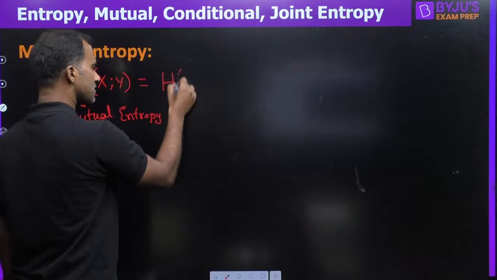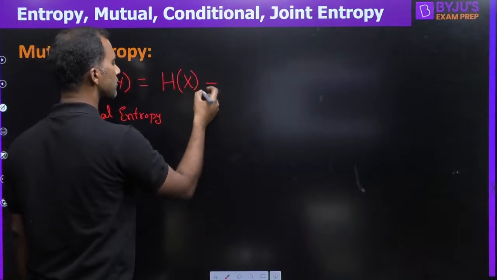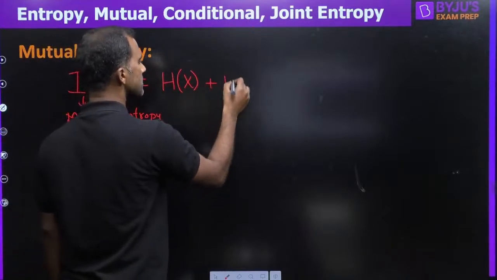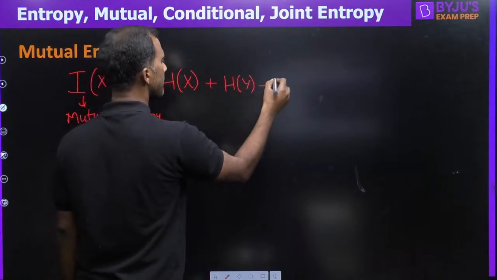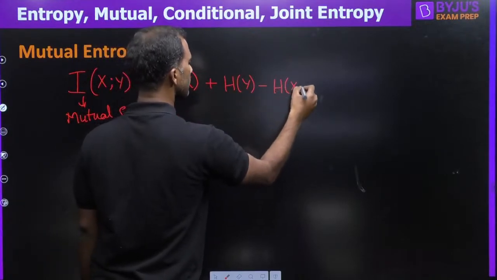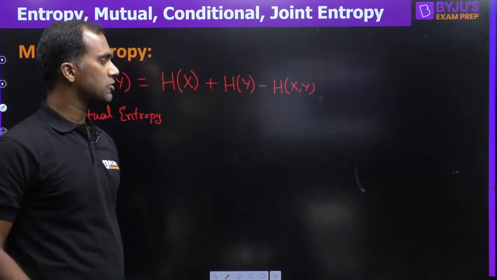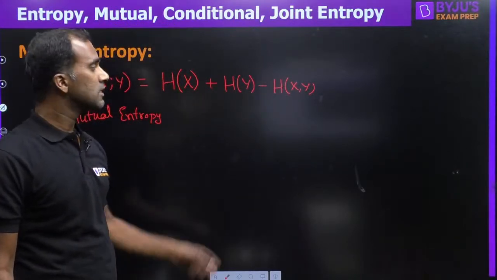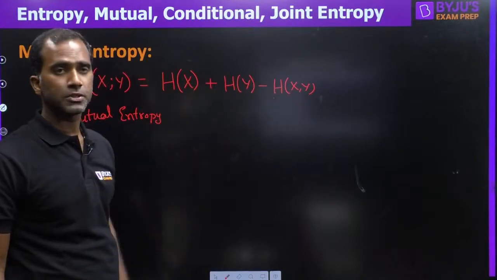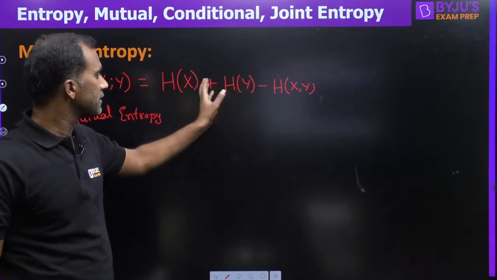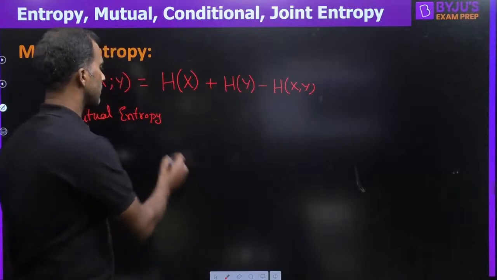So there are 3 formulas. I'll first write the formulas and then explain the meaning of them. H of x plus H of y minus H of x comma y. Add up the information in x and y and subtract the joint entropy. Joint entropy means the joint information or the common information between these two. You're going to remove it.